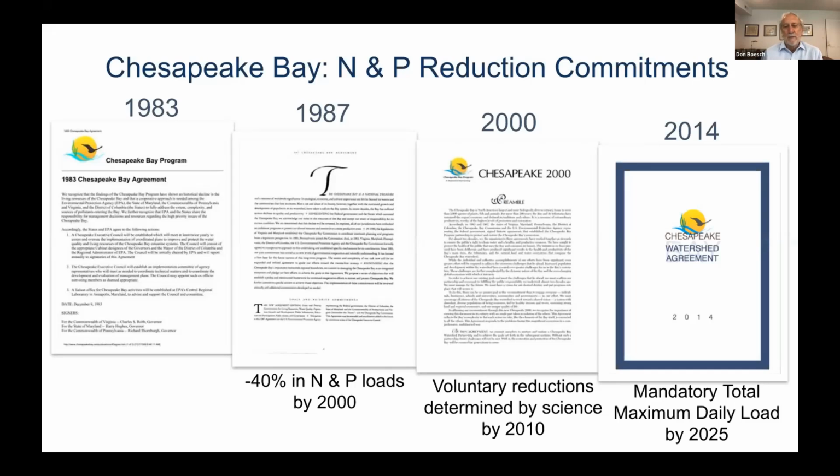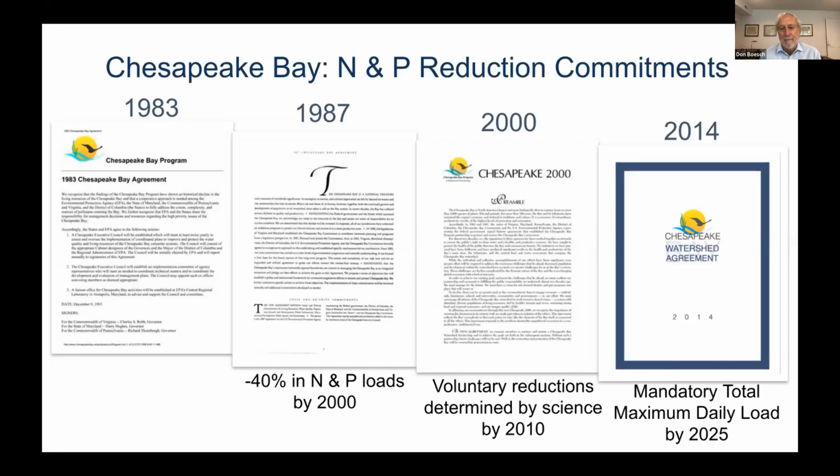And it was basically, we're going to clean up the bay, and it didn't say much more than that. But by 1987, we pretty well had diagnosed that a root cause of a lot of the issues was over-enrichment with nutrients. And a goal was set of a 40% reduction in both nitrogen and phosphorus loads. We were very optimistic we could achieve that by the year 2000.